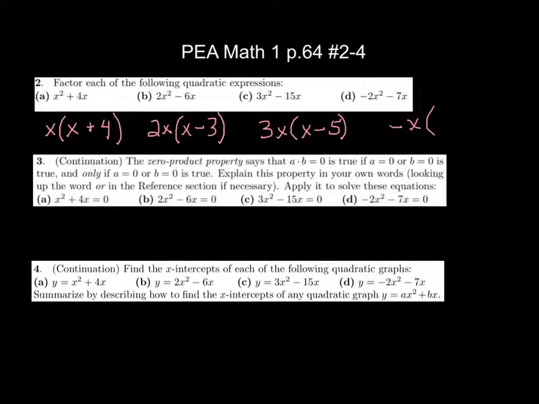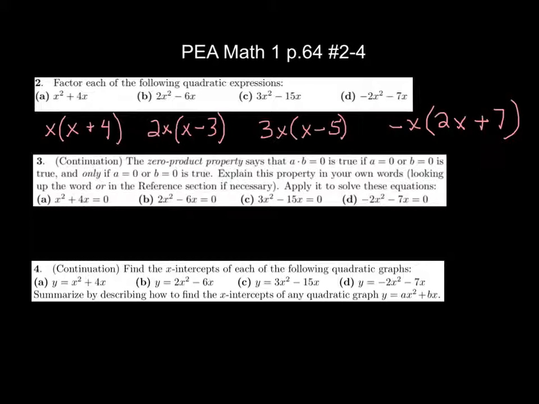Now, it will leave me with a positive 2x plus, because I factored out that negative already right here, plus a 7. And again, the most important thing here is that if you multiply back out, you get what we started with. So negative x times 2x is negative 2x squared, negative x times 7 is negative 7x. And there's our factors for number 2.